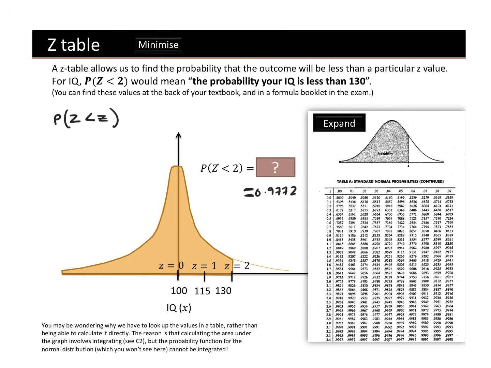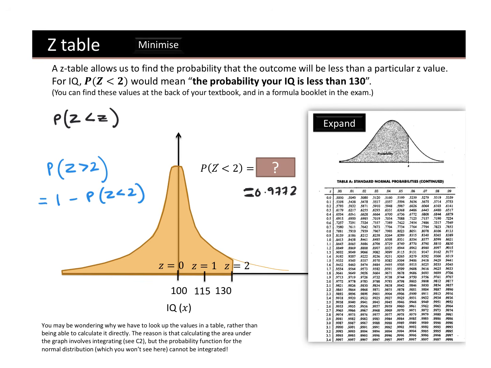This is really simple, but this is where really understanding the graph is crucial. For example, if it wanted the probability of z being greater than 2, what we actually want, we know probabilities add up to 1. So this is 1 minus the probability of z being less than 2.